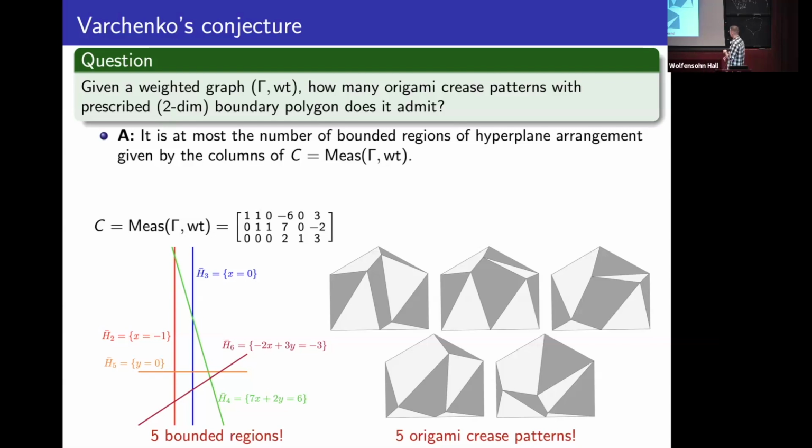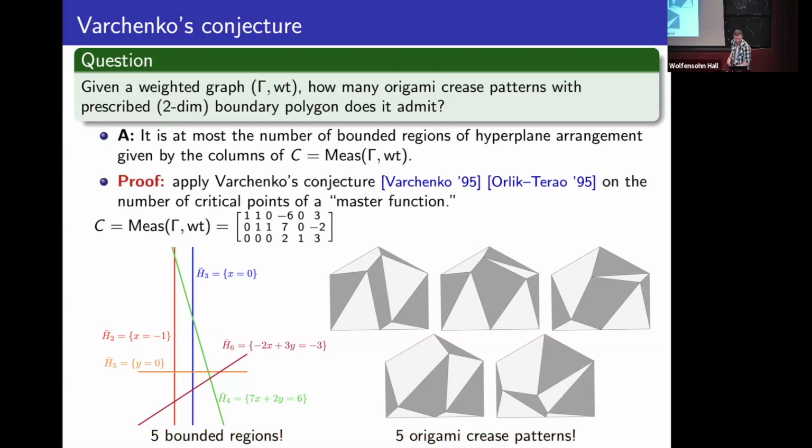And in general, some of these may be kind of folded, so they are not always non-self-intersecting. So in general, this number is greater or equal than this number. But yeah, the proof is basically that once you rewrite this in a certain way, these solutions are in bijection with critical points of Varchenko's master function, which is some kind of product.